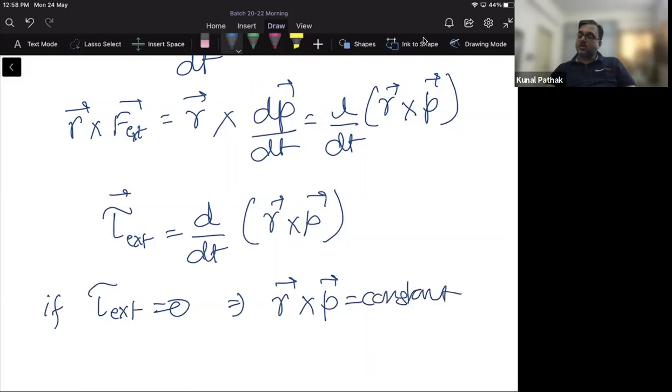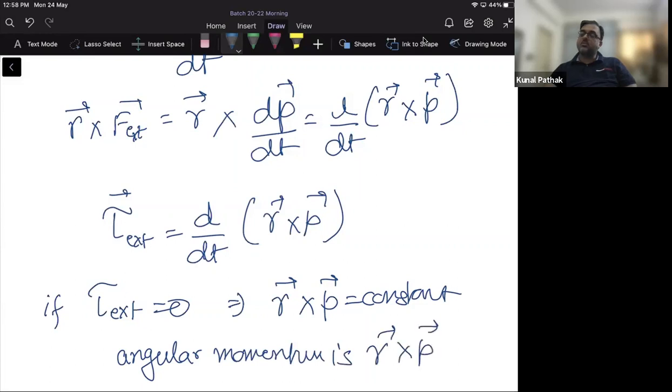And therefore angular momentum is R cross P. So this is one way. I don't think this is a very efficient way, because R cross dP by dt equal to d by dt of R cross P is taking a big leap mathematically. But okay, this is an acceptable way of telling you what angular momentum is.